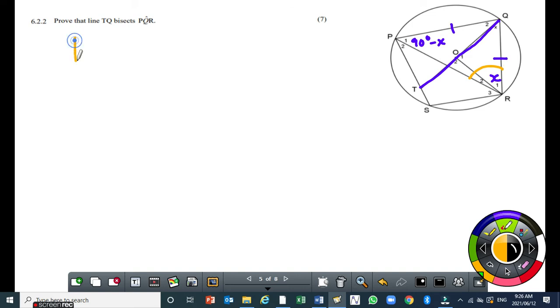So I would say in triangle PQR, PQ is equal to QR. This is given. You get marks for that. You might get a mark for it because it's 7 marks. But the statement is easy.